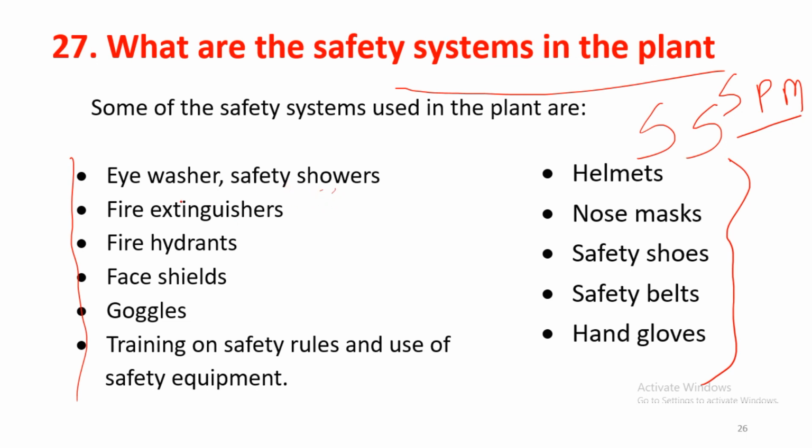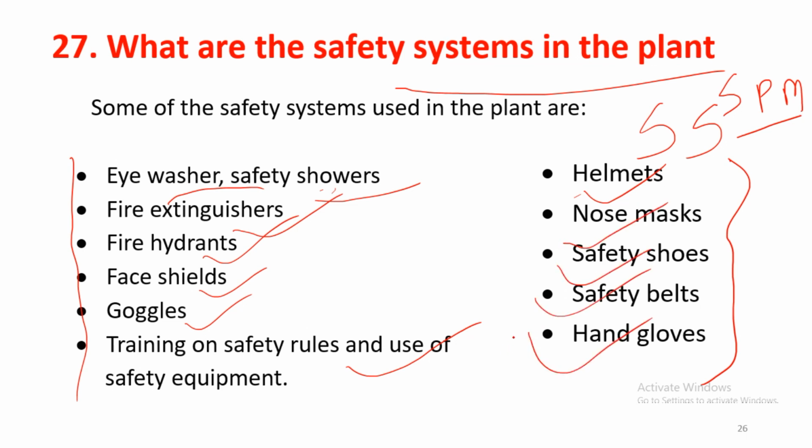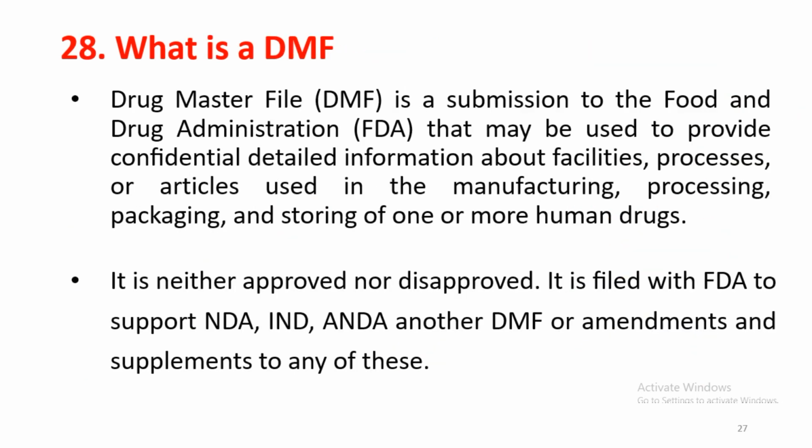So you have to understand eye washer, safety showers, fire extinguishers, fire hydrants, face shields, goggles, training of safety rules and use of safety equipment, helmets, nose mask, safety shoes, safety belts, hand gloves. These are very common questions. You can easily understand and remember them whenever you are entering a pharma industry, and you can describe those things.